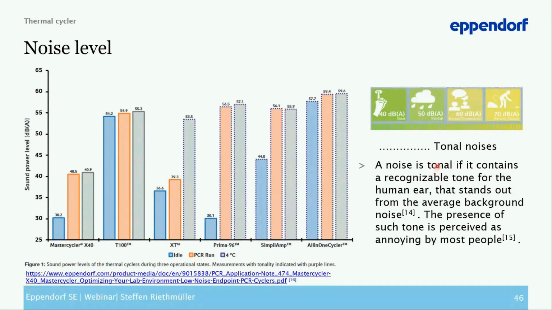And this tone stands out from the average background noise. And the presence of such a tone is perceived as annoying by most people, saying that the cyclers which show tonality are perceived as more annoying. And believe me, if you run several cyclers at the same time, it can be really, really noisy.